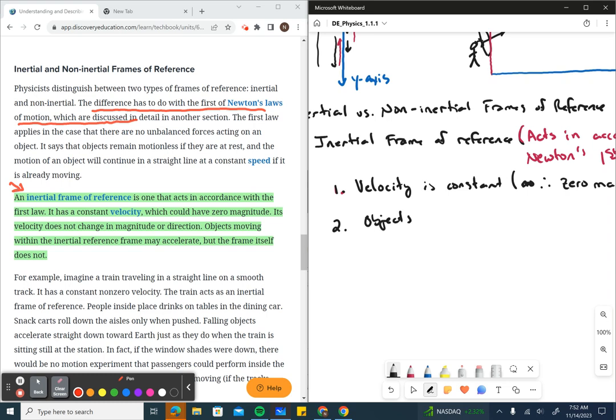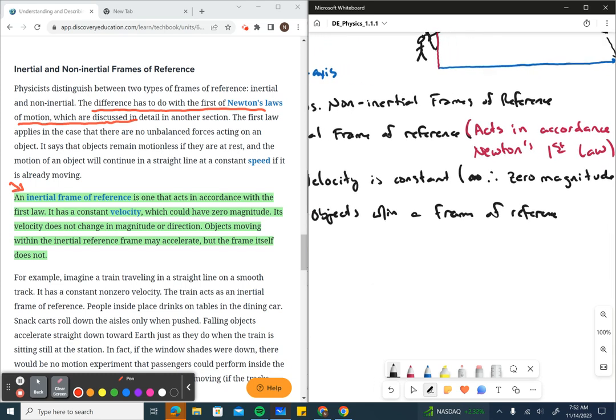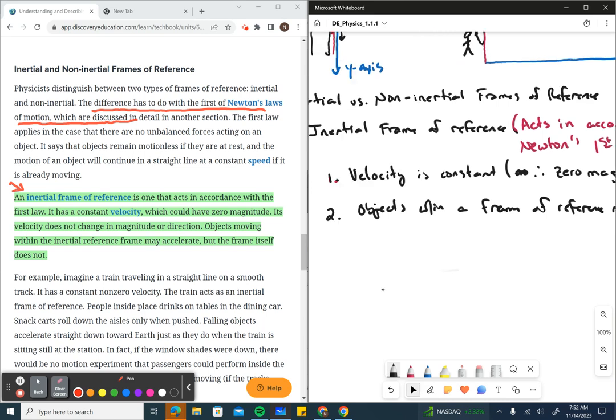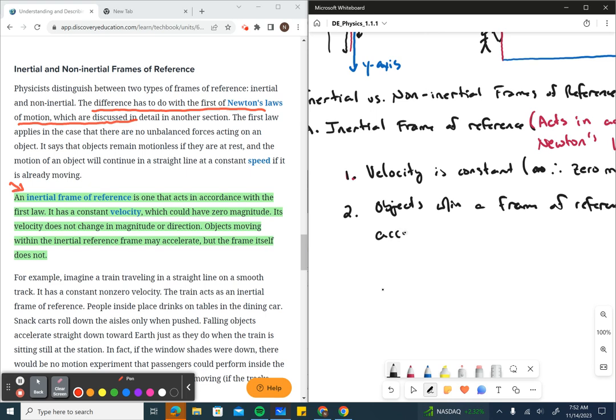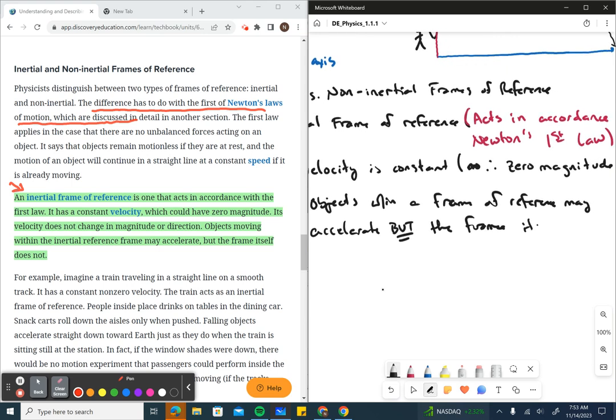Objects within a frame of reference may accelerate, but the frame itself does not. This is a big but. But the frame itself does not.